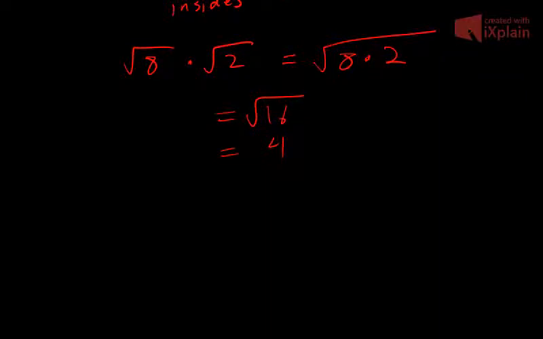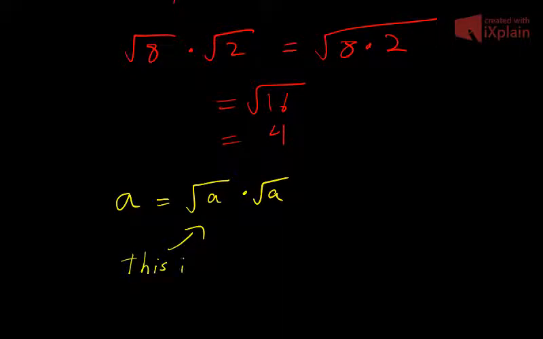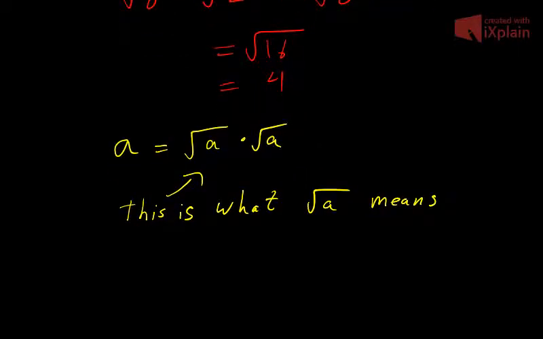So why this works is we're going to start with some number, and I'm going to call that number a. And a is going to have to be equal to the square root of a times the square root of a. That is how we define square root. This is what square root of a means. So the question now is, why would these things be able to multiply together?